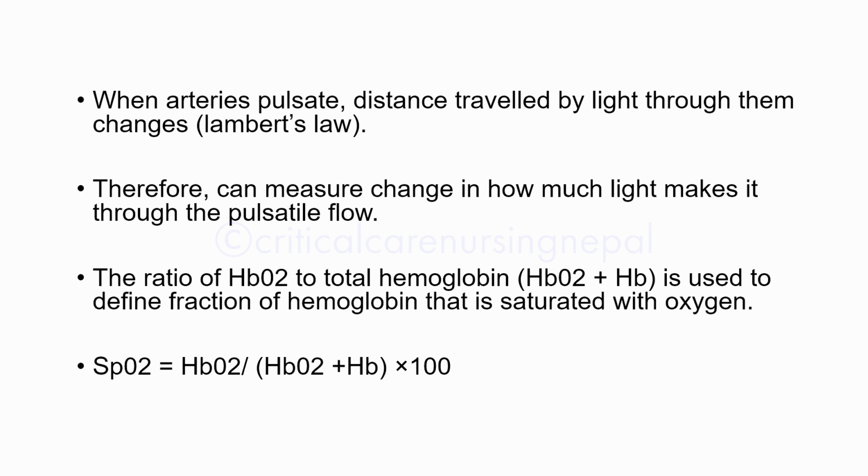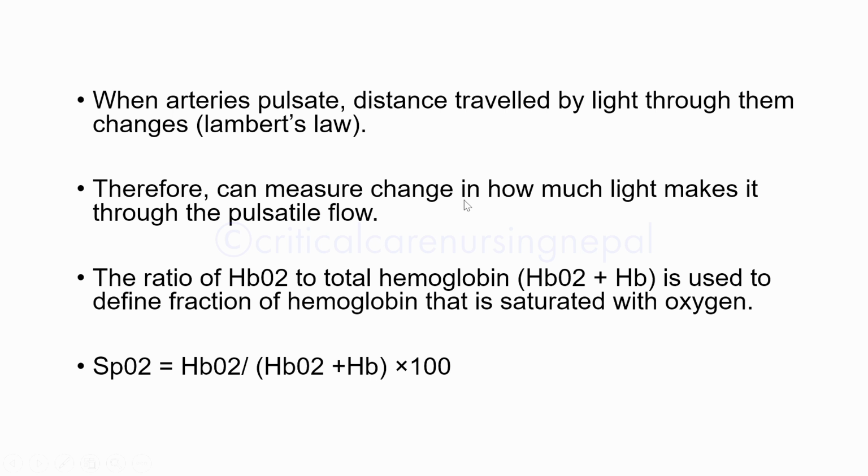That pulsatile change is exactly what the device measures. It subtracts out the non-pulsatile tissues like skin, bone, and venous blood, and isolates the arterial signal. That's the genius of it, and also its weakness, because if you lose the pulsatility, you lose the accuracy.